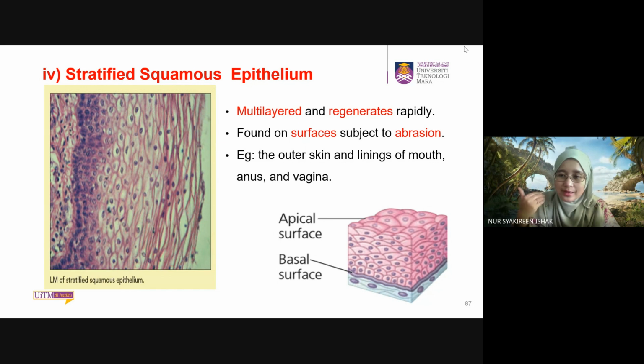These surfaces are prone to being exposed to, for example, enzymes, so the cells at the surface can easily degenerate or be degraded. So they have to be replaced with new ones. That's why they have to be composed of many layers, stratified.